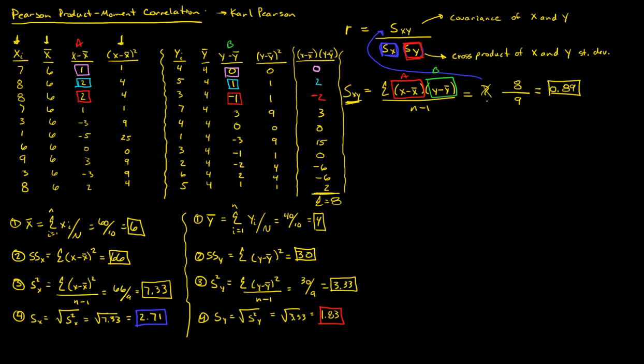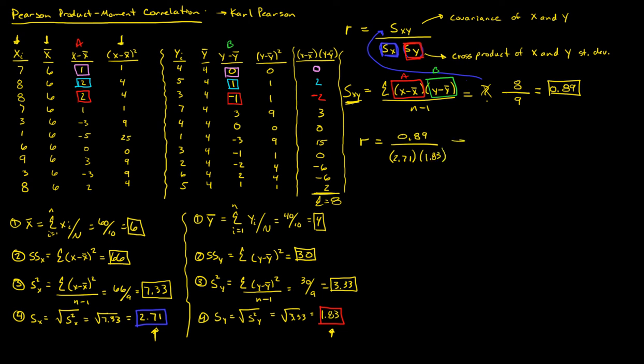Alright, so now we've got the numerator component, and we just need to kind of plug and chug our numbers. So again, we go to R equals this S sub xy number, which is 0.89 in the numerator, and then we're going to put that standard deviation for x in, which is in this blue box down here, which is 2.71, multiplied by the standard deviation of y, which is in this red box right here, 1.83.